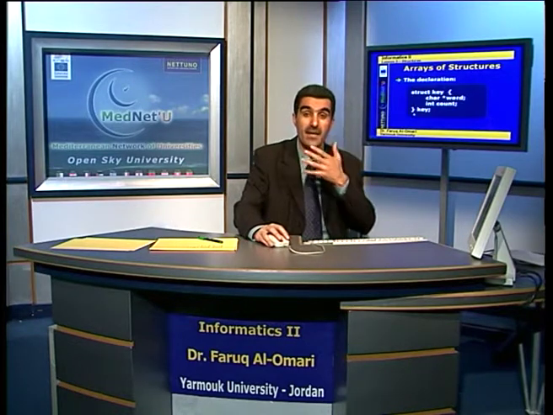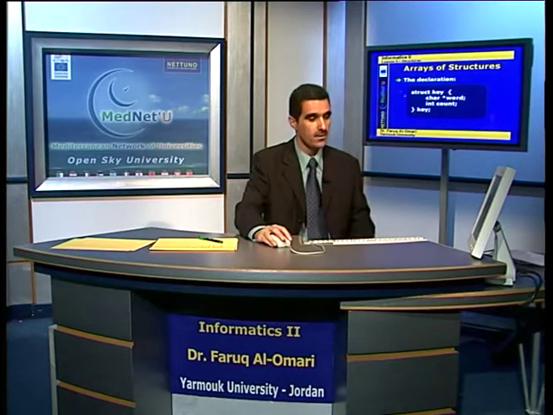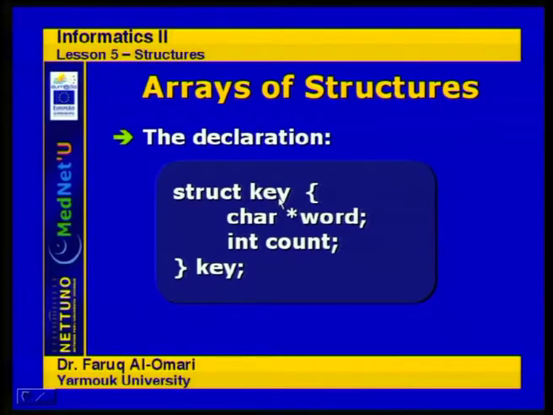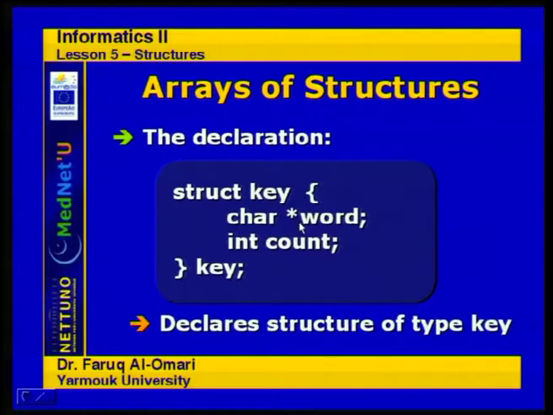I can define arrays of structures. Let's say my structure key has 2 members in it, a word of type pointer to a character, a string, and an integer count. Okay, and I'm introducing this. I will talk about this in a minute. Given this is a typical structure, nothing new in here. This declares a structure of type key.